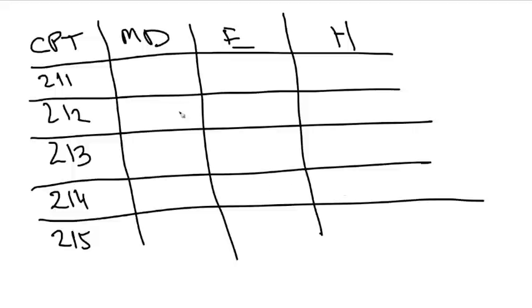So let's see, what do we call? First of all, you have to remember this rule. 2 out of 3 of these elements, medical decision, examination, history, must meet or exceed the criteria for each of these individual CPT codes, as you see here.